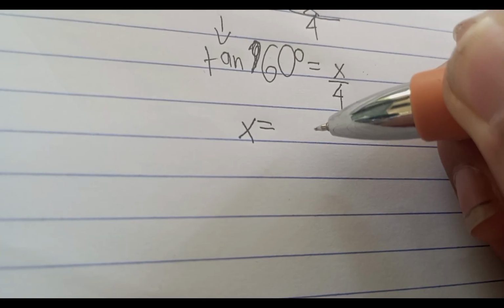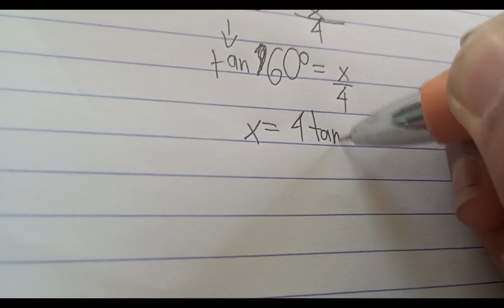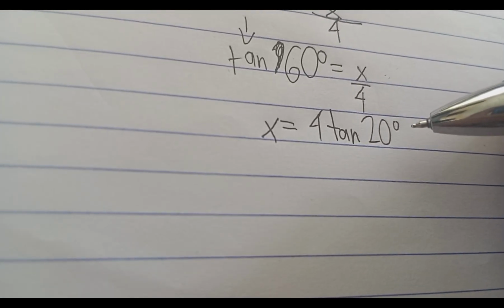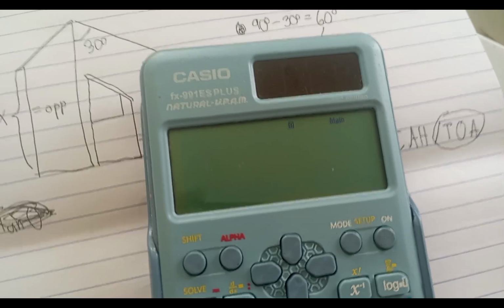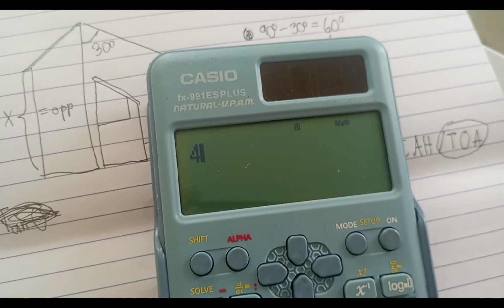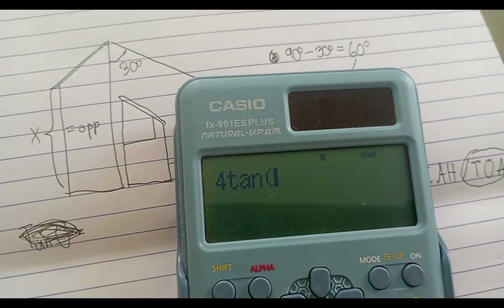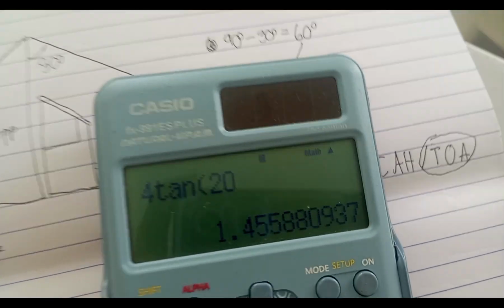So it will be x equals 4 tangent 60 degrees. To get the answer, let's use a calculator: type 4 tangent 60, and that equals 1.45.